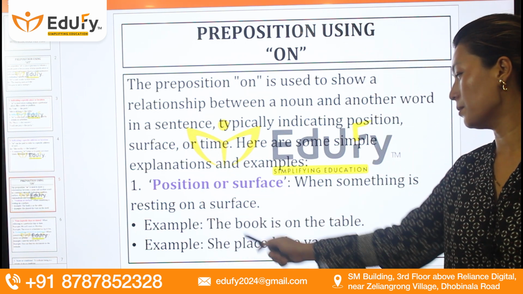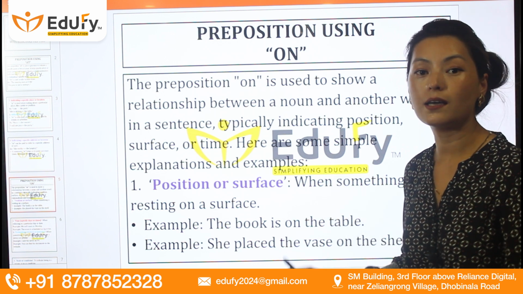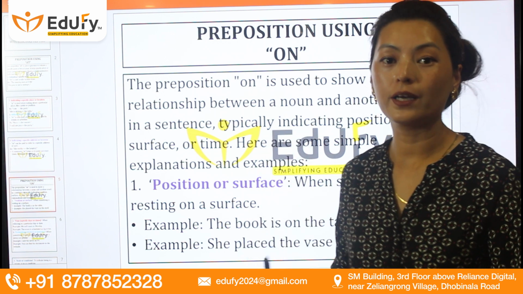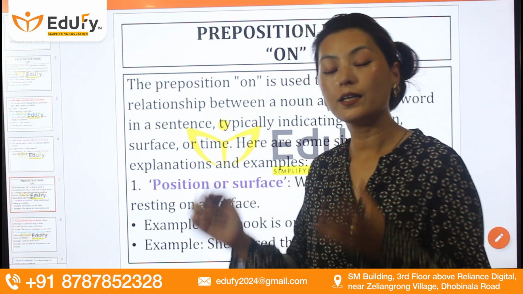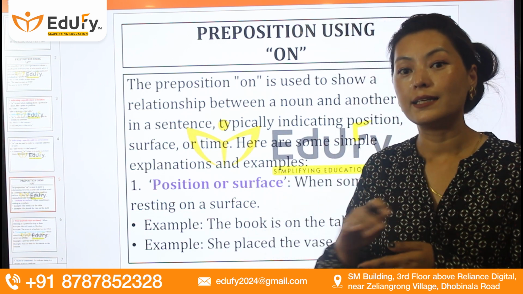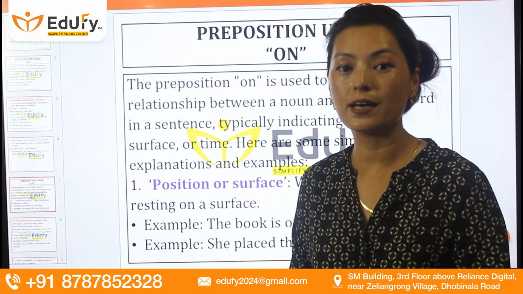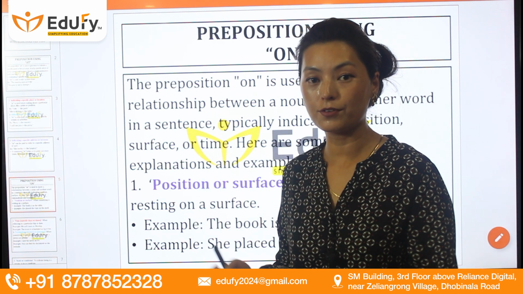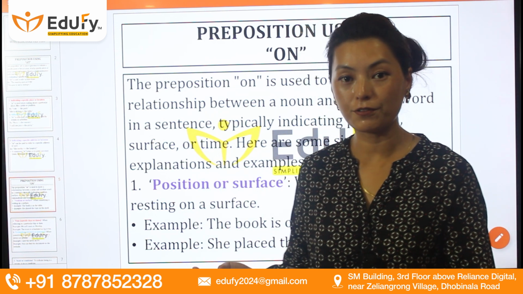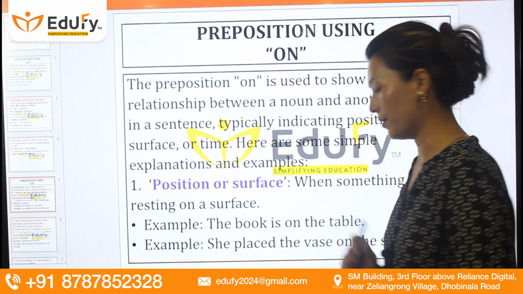For example, the book is on the table. What am I saying? The position of the book is on the table. It also points towards the position of the book that is laying on the surface of the table rather than inside, neither under nor over. It is on the surface of the table. How do I know that? By the preposition on.